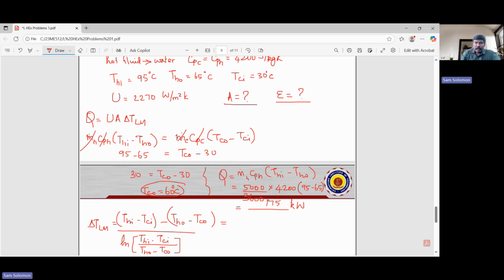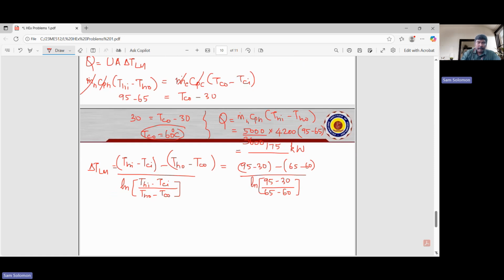So that is going to be equal to 95 minus 30 minus 65 minus 60 whole divided by ln of 95 minus 30 divided by 65 minus 60. So this should give you the value of the logarithmic mean temperature difference over here.